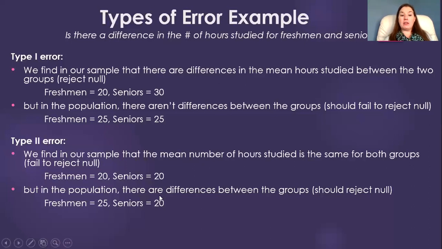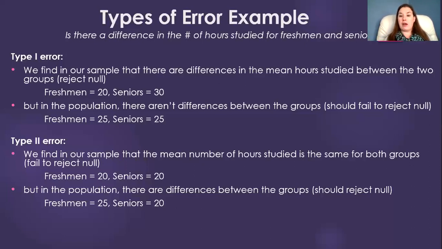But in reality, in the population, there are differences between groups, and we should have rejected the null. In reality, in the population, the mean hours studied for freshmen is greater than what it is for seniors. So perhaps in this circumstance, we only sampled like 3 freshmen and 3 seniors, and because our sample size wasn't big enough to be representative of the population, we didn't detect in that small sample a difference between groups.